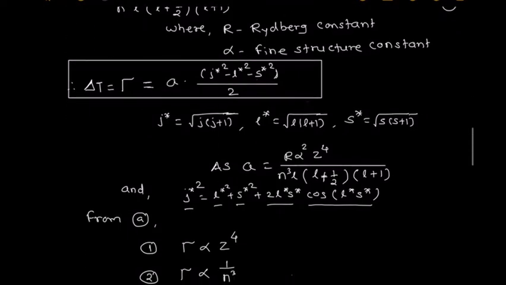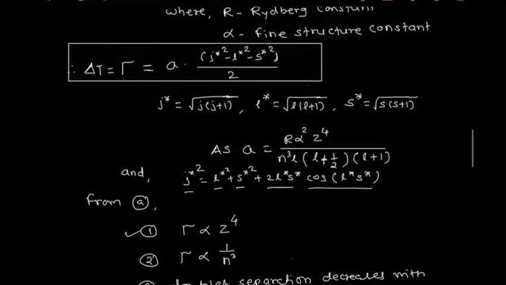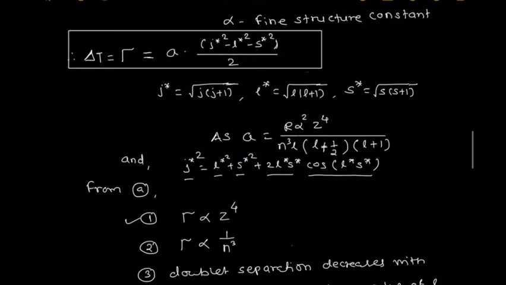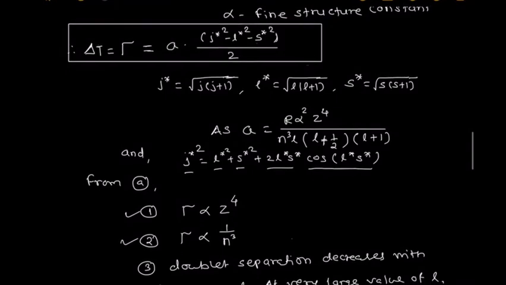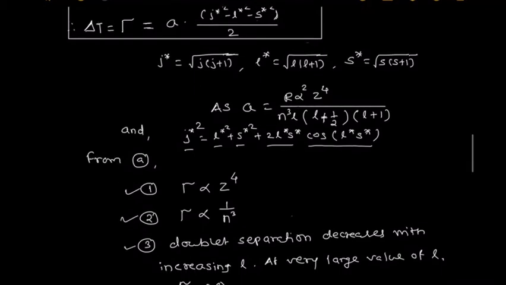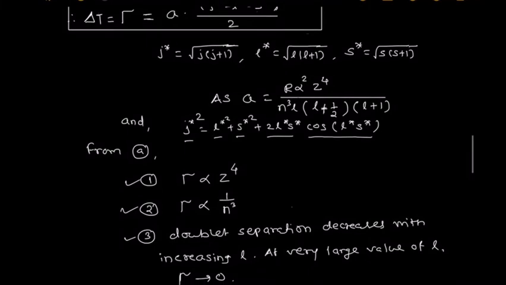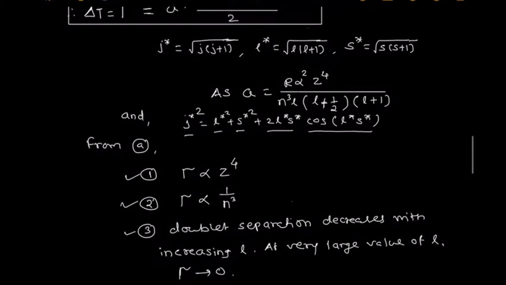From equation A we get the result tau directly proportional to Z raised to 4, tau directly proportional to 1 by n cube, and the doublet separation decreases with increasing L. As L continuously increases, for very large values of L the term separation vanishes and we cannot separate the term.